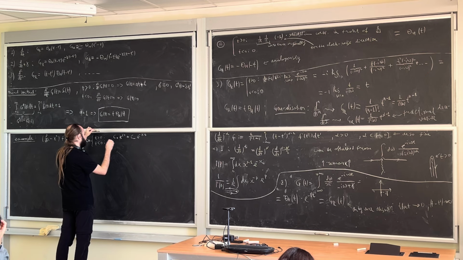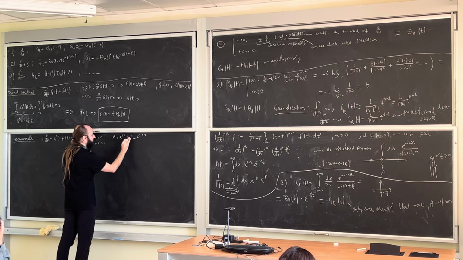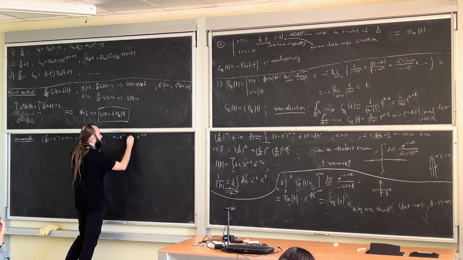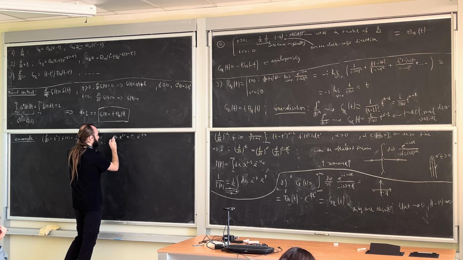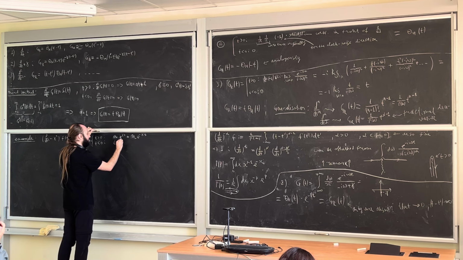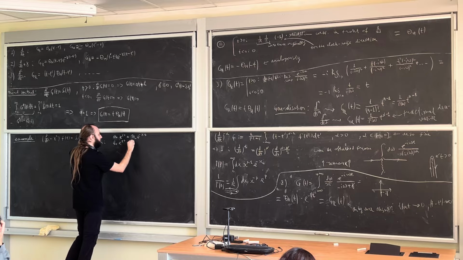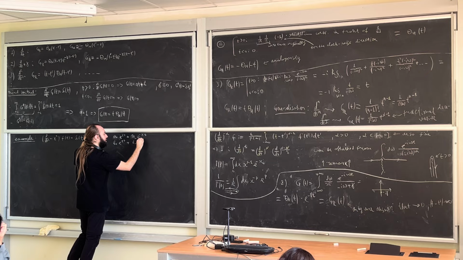Or maybe let us choose a and b: a plus, a minus, and here b plus e to the gamma t plus b minus e to the minus gamma t.